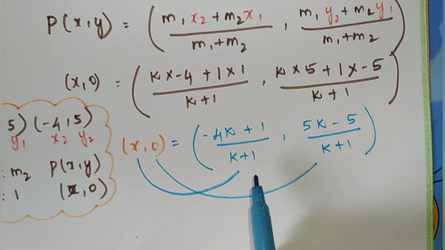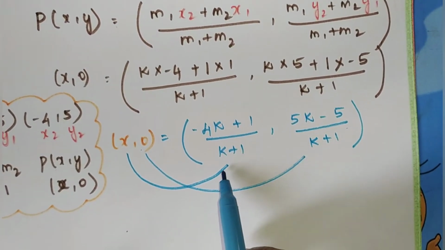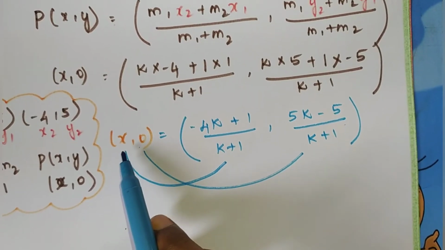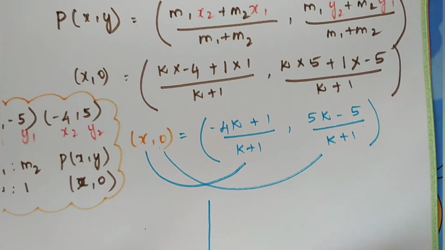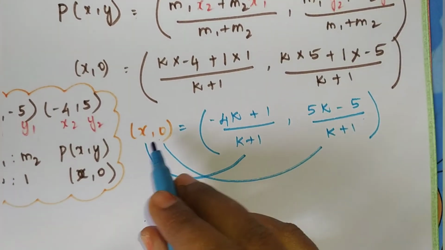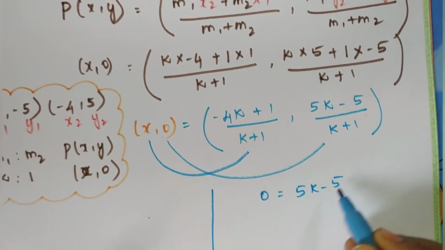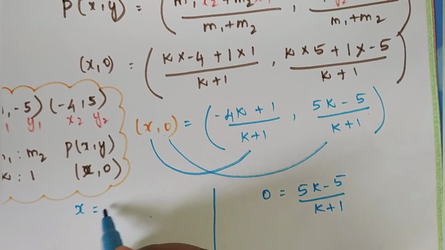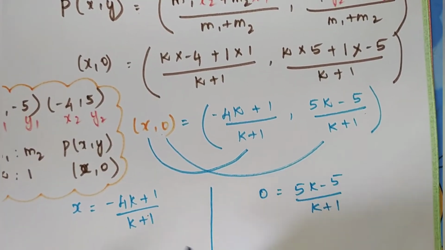After finding the value of k, you have to substitute it in the x coordinate, and you will get the value of x. So first, 0 is equal to (5k - 5) divided by (k + 1), and x is equal to (-4k + 1) divided by (k + 1).